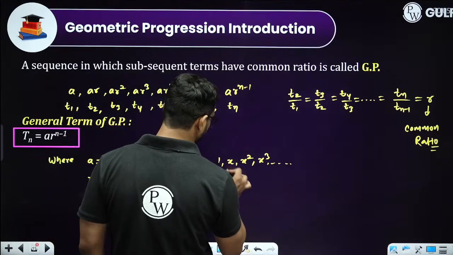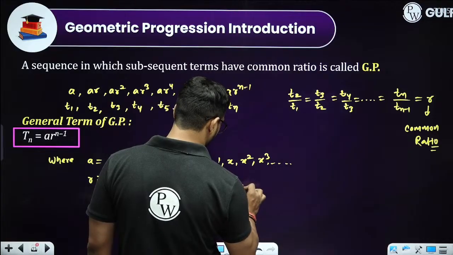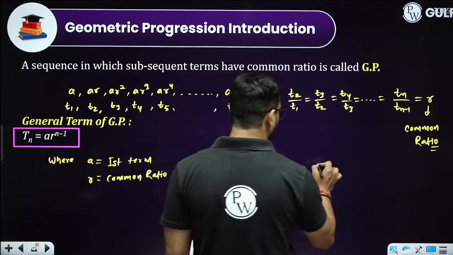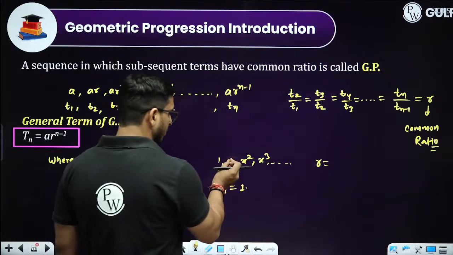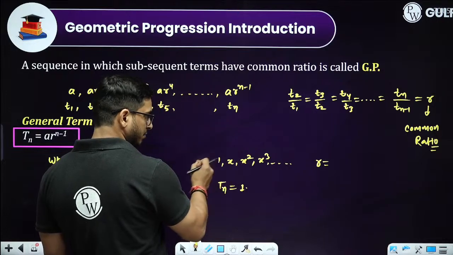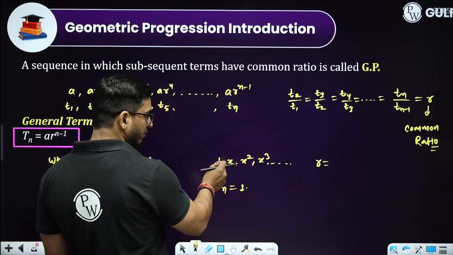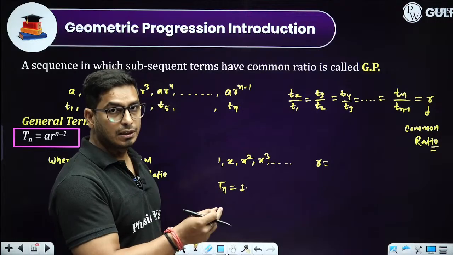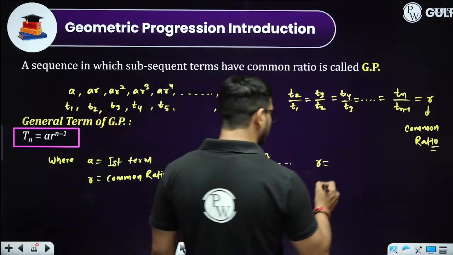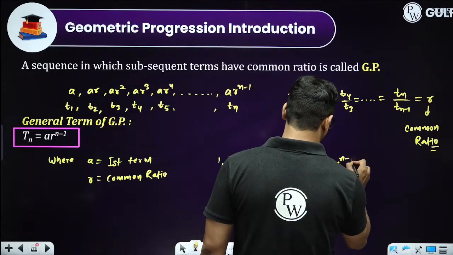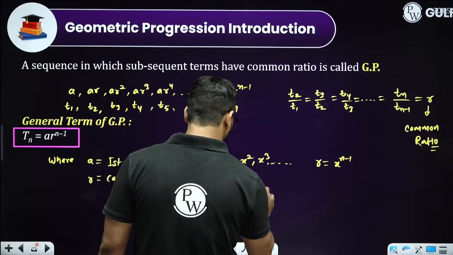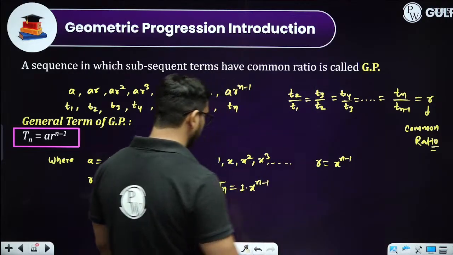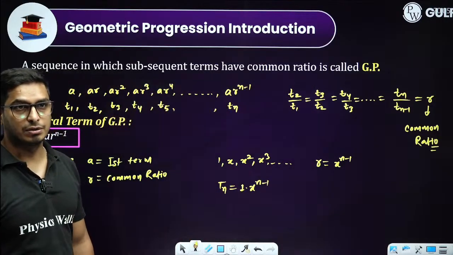A is the first term, right? So 1. First find the common ratio. R is what? The succeeding term by the previous term, right? X by 1, x square by x, like that. T2 by T1, T3 by T2: x. So Tn is x to the power n minus 1. Understood?